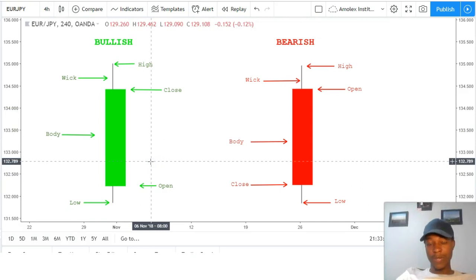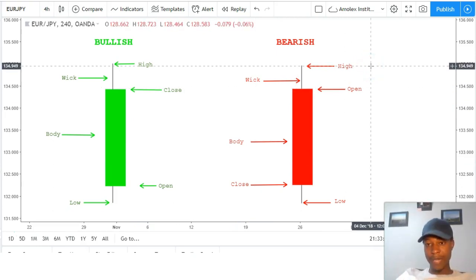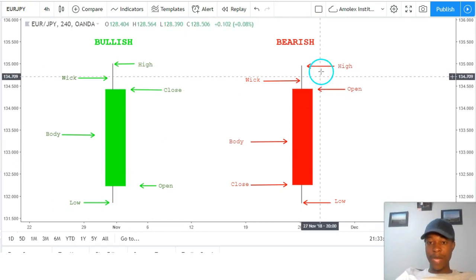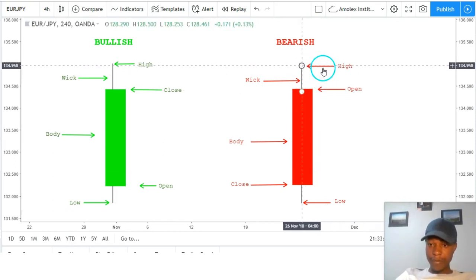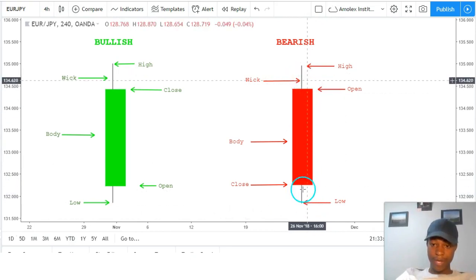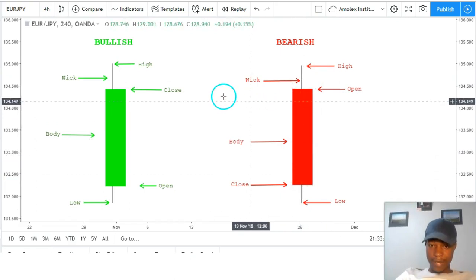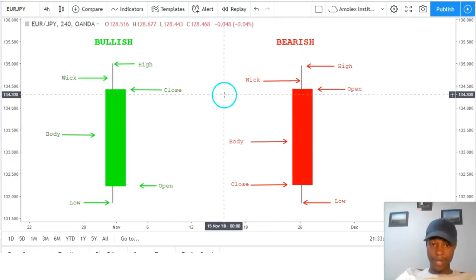Let's then move on to the bearish candle, which is just the opposite of the bullish candle. What happens in the bearish candle is almost the same. It's similar but different. As you can see, we have our high, our low, our wicks, and a body. Here's the difference between the two.